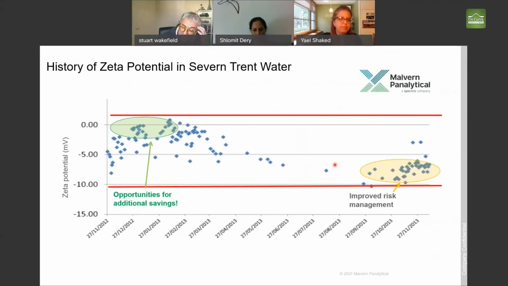Now, taking the same company again, but this is from a different water treatment plant.